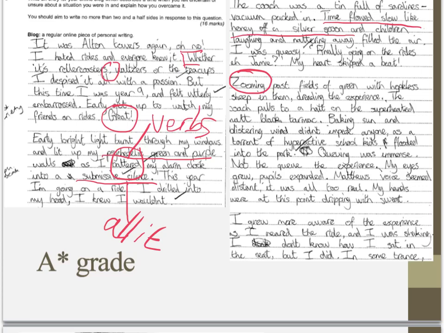We've got here a verb sentence starter showing a bit of sophistication, and looking through this paragraph, we've got some more alliteration with the baking and blistering, and sophisticated vocabulary like impede, torrent, hyperactive, immense even.